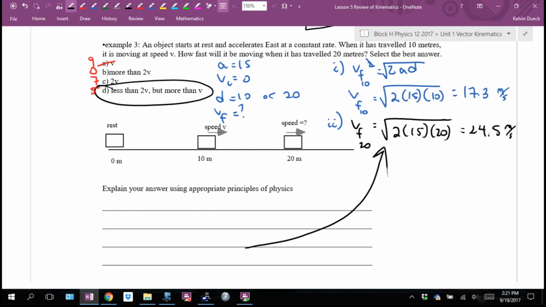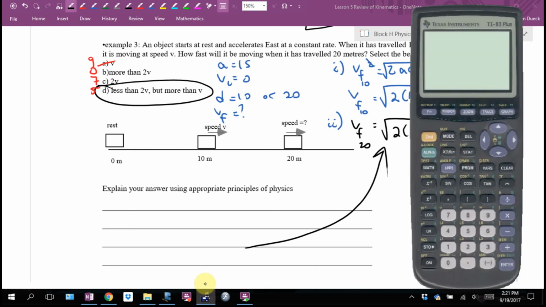Why isn't twice as far twice as fast? Because of the square root. Because if D was not inside the square root, twice as far would be twice as fast. Because it's in the square root, twice as far is square root of 2, 1.4142 times as fast.